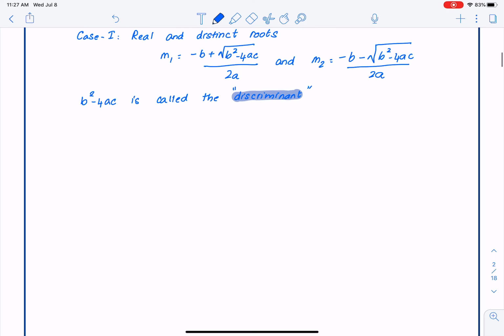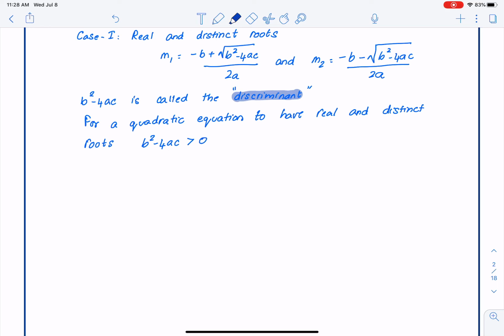And for a quadratic equation to have real and distinct roots, b squared minus 4ac has to be bigger than 0.